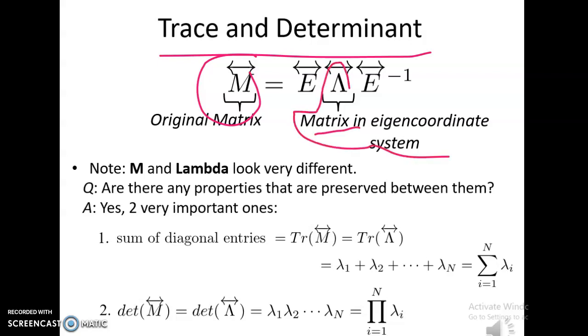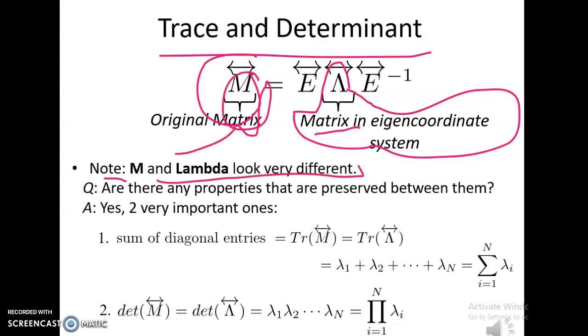Note that M and lambda look very different. What does that mean? Are there any properties that are preserved between them?